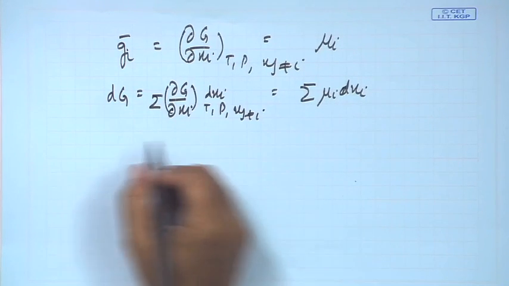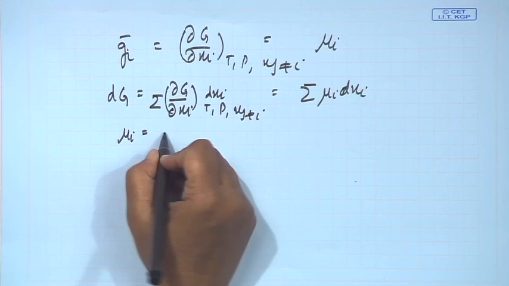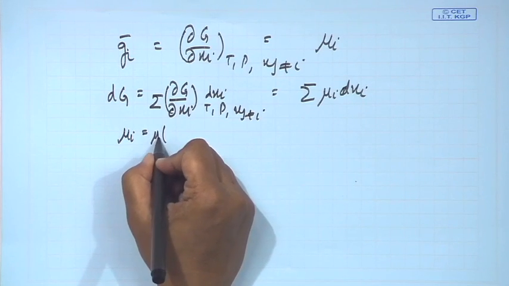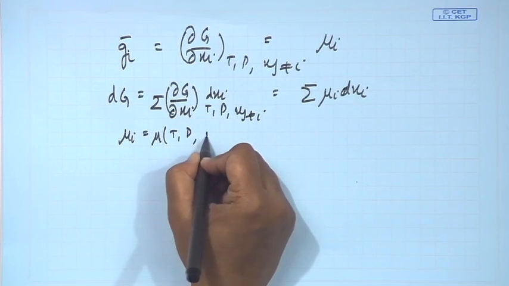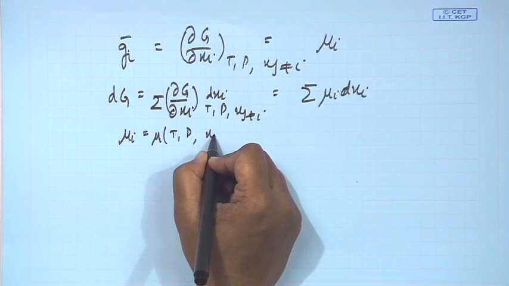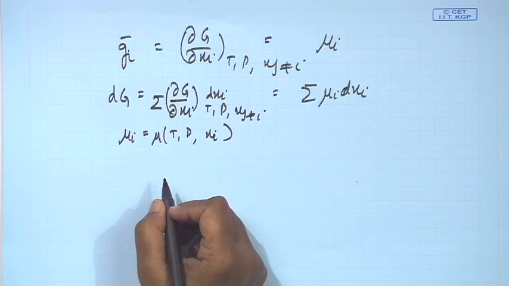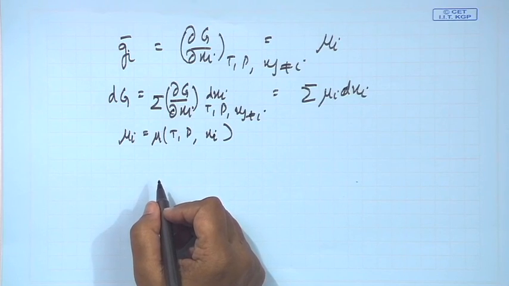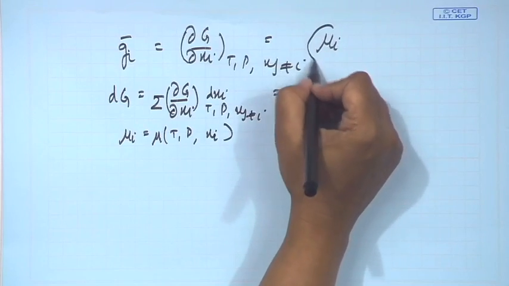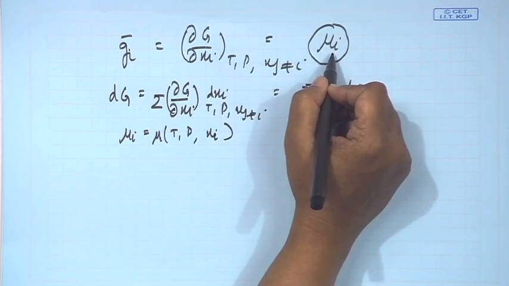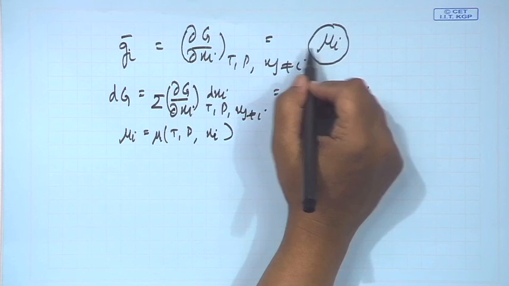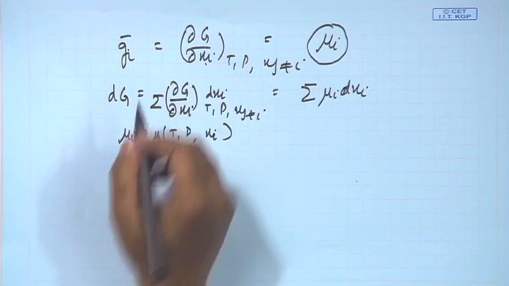Where again mu I is a function of T, P. For binary mixtures, it is a function of n1, n2, otherwise it is a function of ni. Again we find that this particular term does not only show how your Gibbs free energy varies with mole numbers.